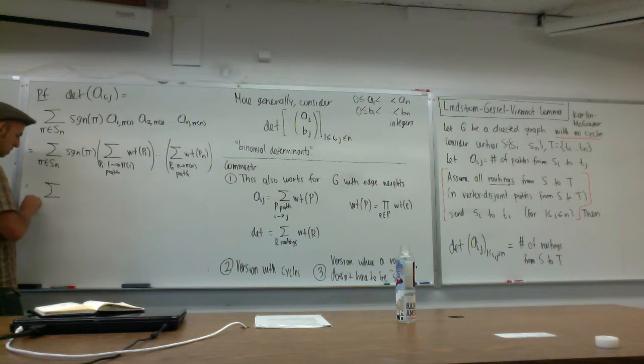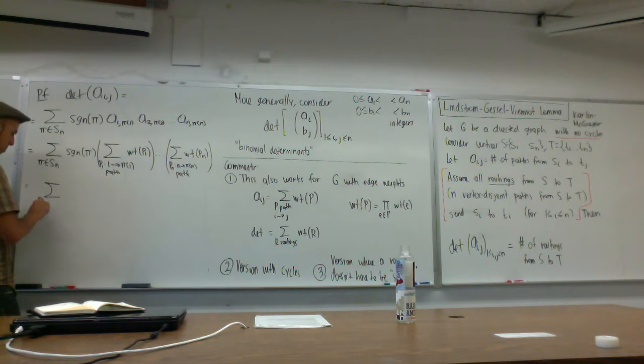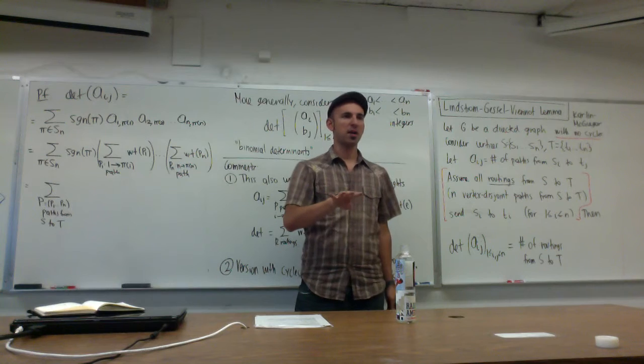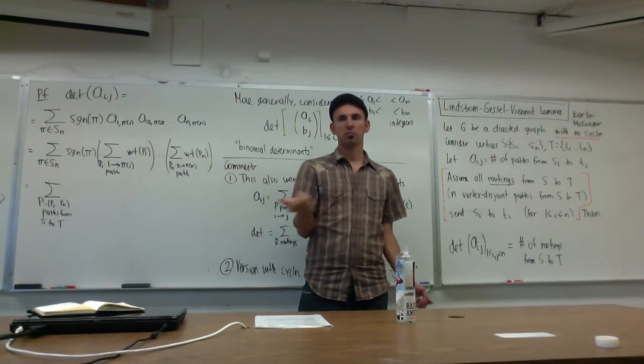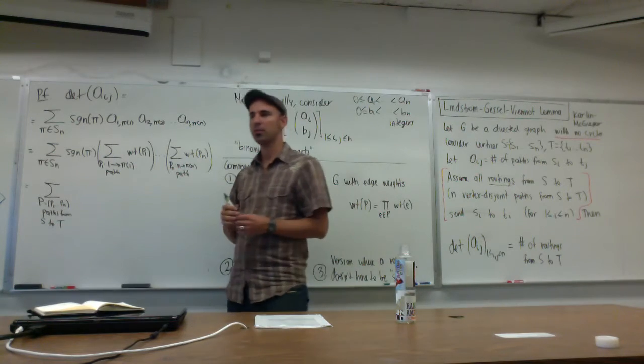Let me call P the collection of P1, P2 up to Pn, paths from S to T. These are n-tuples of paths that start at the top n vertices and end at the bottom n vertices, but they might do it in some weird order. They might map the first guy to the fifth guy and so on.